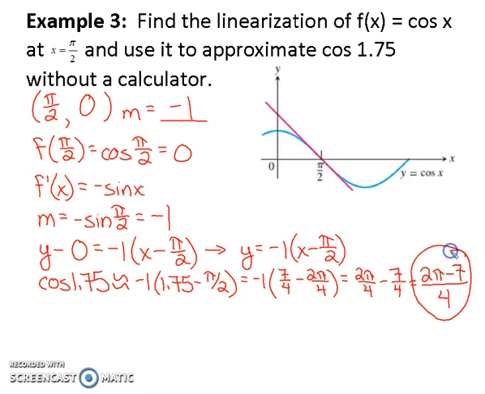That's the most accurate estimate you could give for what cosine of 1.75 is equal to. Now, if you don't believe me, pull out your calculator and try it. Type 2 pi minus 7 over 4 in your calculator and type cosine of 1.75 in your calculator, and notice how similar they are.